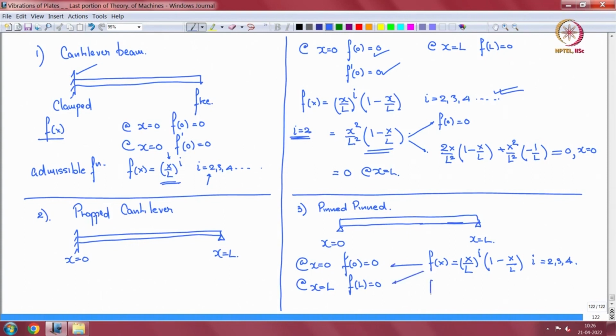Alternatively, f of x can also be sine i pi x by L, with i running from 1 and so forth. These are actually the exact mode shapes. They satisfy the moment condition also at the pinned ends.